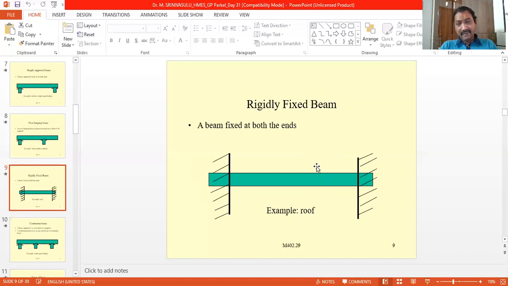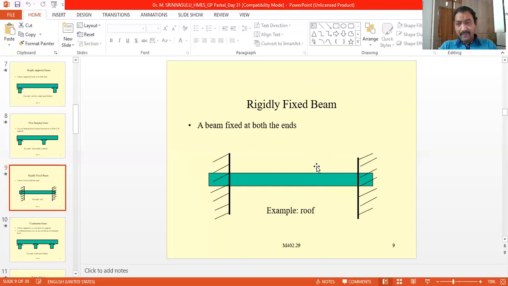Rigidly fixed is nothing but a fixed beam. In the case of the fixed beam, both ends of the beam are rigidly fixed. So here what is happening? There is no question of the ends moving. The movements of the ends are stopped by the fixed supports.